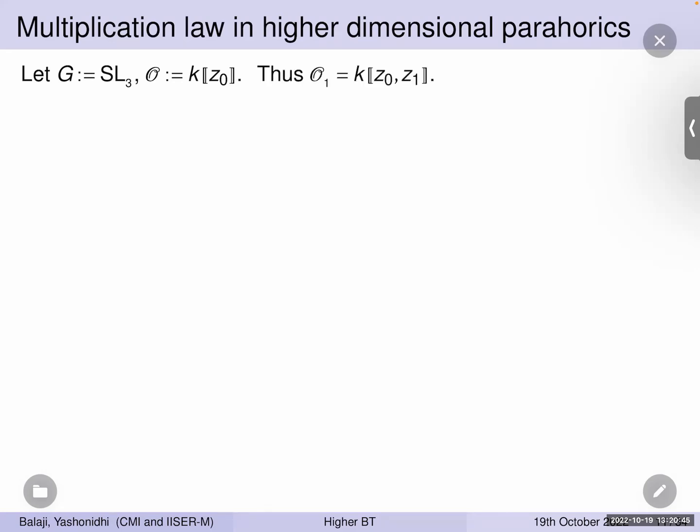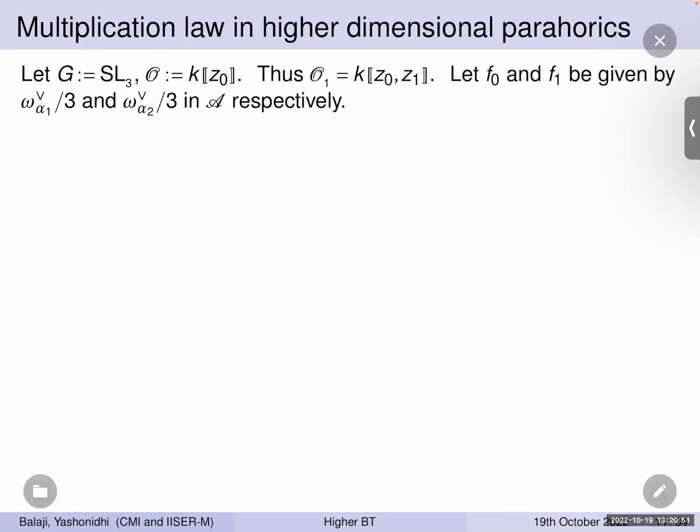Thus, O_1 is the power series ring in two variables over little k. Let F0 and F1 be concave functions given by the coweights ω_α1 check by 3 and ω_α2 check by 3 in the apartment respectively.